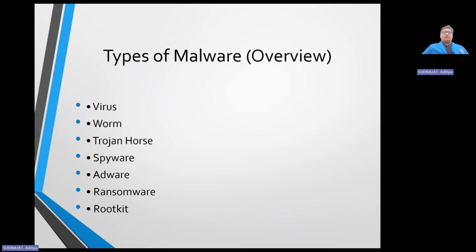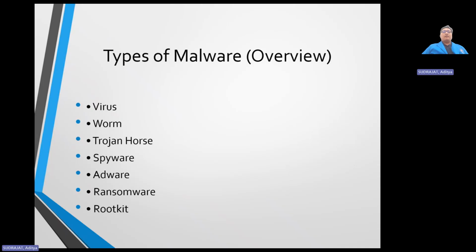All of these are types of malware. I will explain a little bit about them. The virus is like a file with some running program that, if we click on it, infects our computer and causes slowness or steals the data.